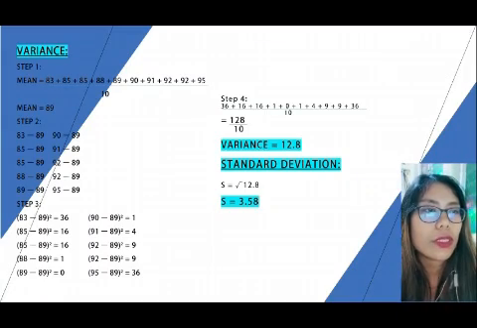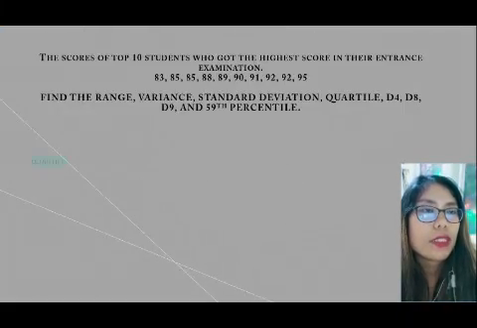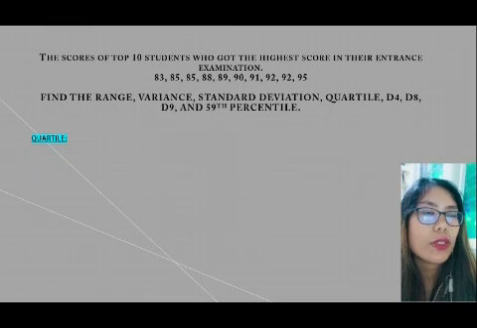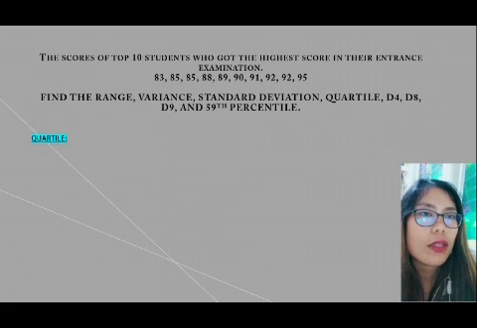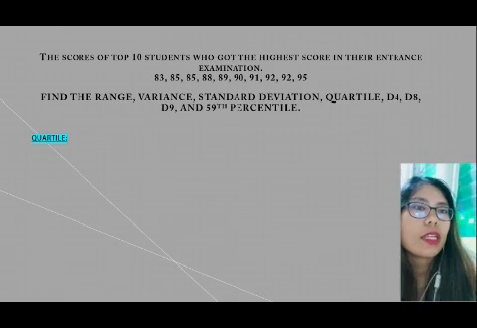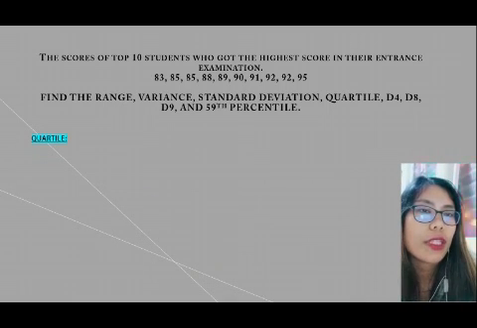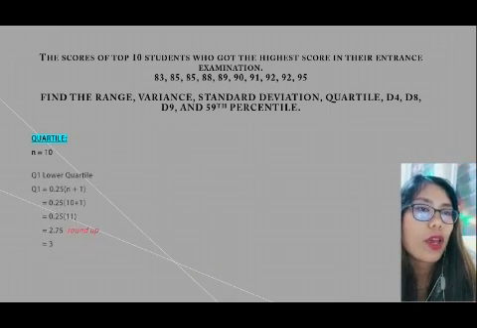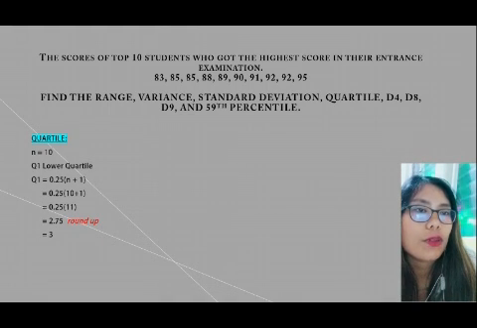And now we're going to get the quartile for the second given data. So we're going to rewrite it from descending to ascending order. In getting quartile, first you get the number of data, which is 10. For Q1, the lower quartile, Q1 is equivalent to 0.25 times n plus 1. 0.25 times 11, we got 2.75, round it up, we got 3, so the third data was the lower quartile, which is 85.